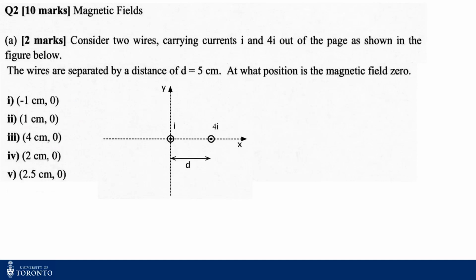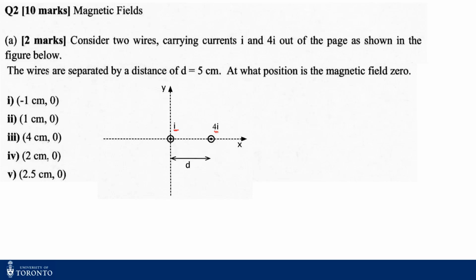Now here you see that we have two current carrying conductors with both the currents coming out of the page, as you can see from here by the dots, right? Now you have to find the magnitude of one current at the origin, which is I ampere, and for the other it is 4I, right?